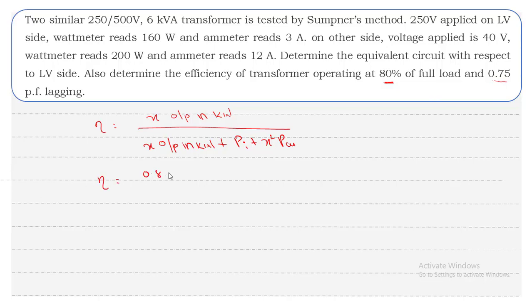X is 0.8 and the output in kW is the kVA rating of the transformer into power factor. The power factor is 0.75.